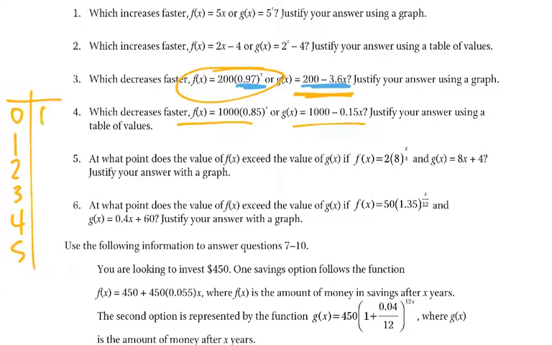So we started at 1,000, and now we're multiplying by 0.85, so that becomes 850, then 722.5, then 614.125, then 522.04, and so on. Okay, and then we would just keep going.